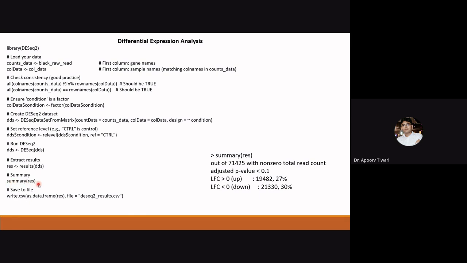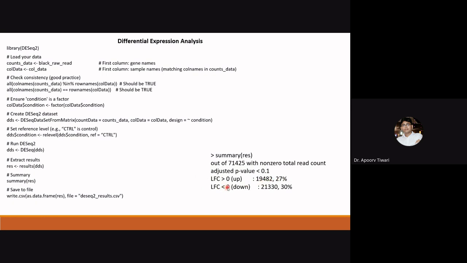So the summary of the result will provide this information, like out of 71,425 genes, at adjusted p-value less than 0.1, the log fold change is greater than 0. These are actually known as upregulated genes, and in our case, it is 27%, 19,482.